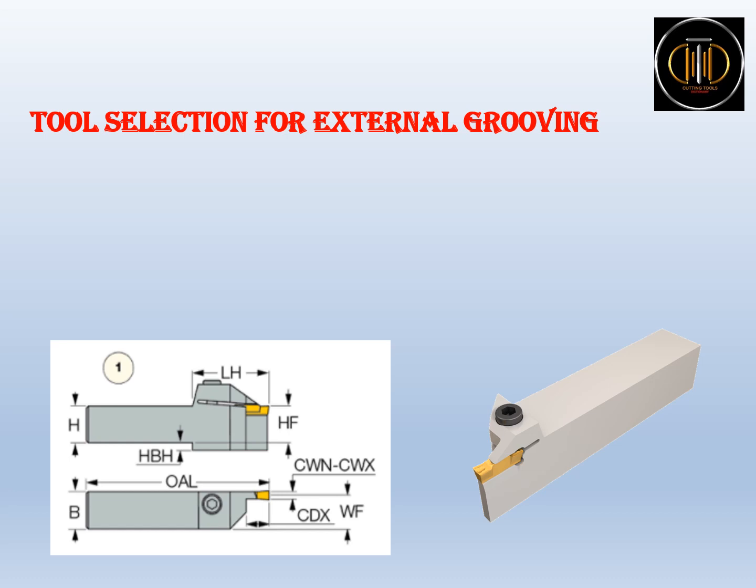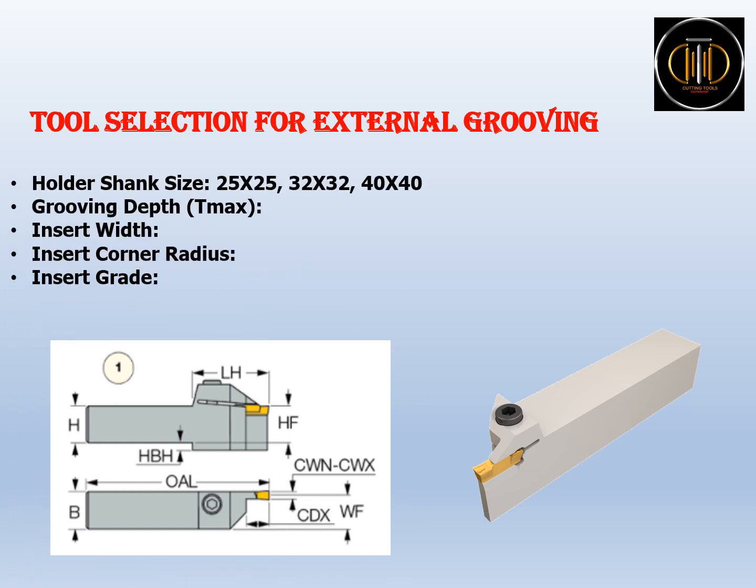First of all, we have to know the shank size compatible with the machine, whether it is a 25-25 shank, 32-32, or 40-40. This is the first information you should know before selecting the tool holder. Then the grooving depth, that is the T-max. How much depth of groove you have to make is important.